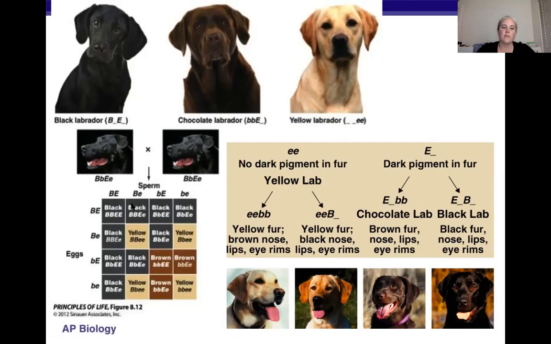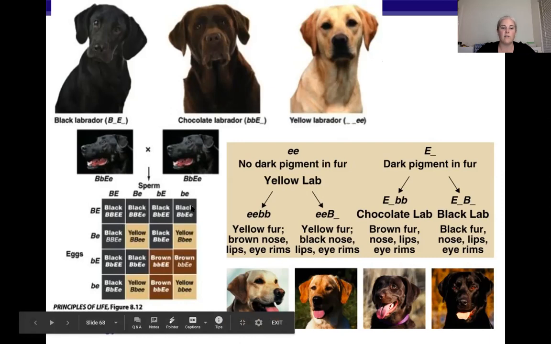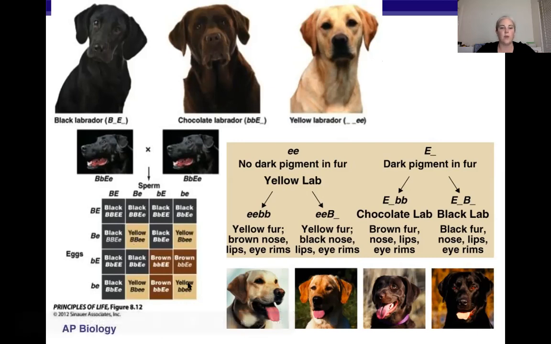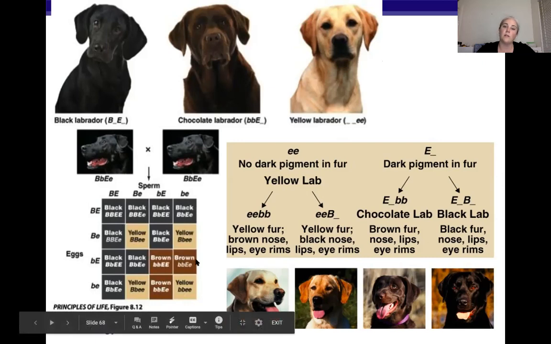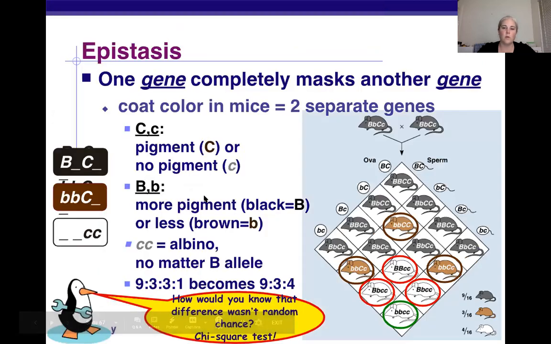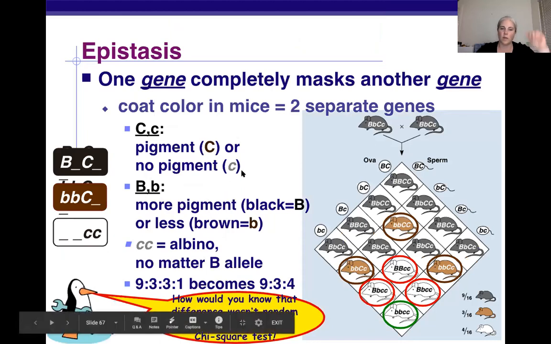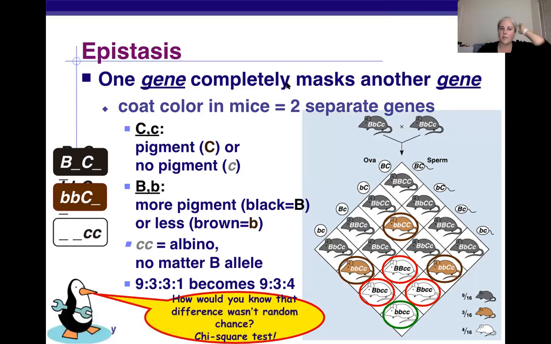It's all probability: 9 out of 16 for having another black lab puppy, 4 out of 16 for having a yellow lab, or 3 out of 16 for having a chocolate lab. So again, epistasis is where one gene completely masks another gene, or just refuses to allow it to be expressed.